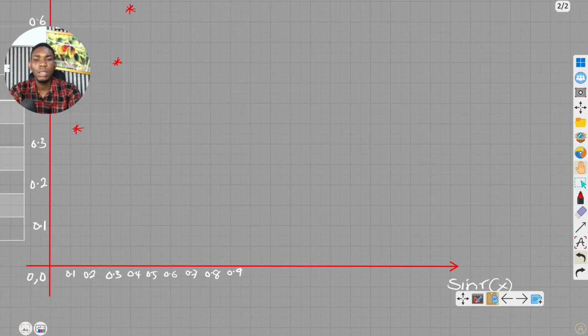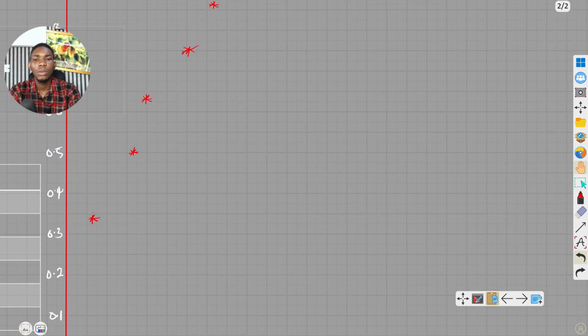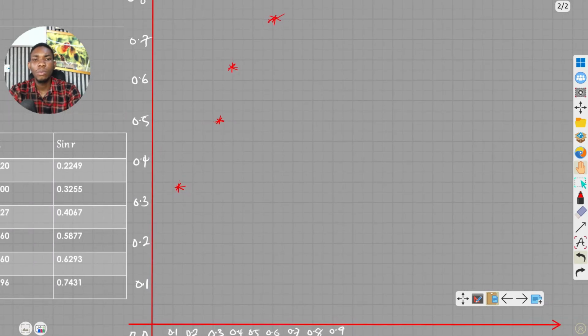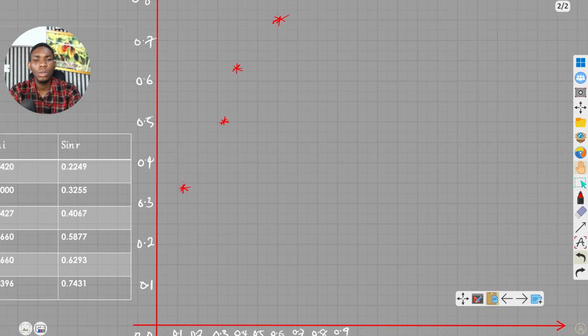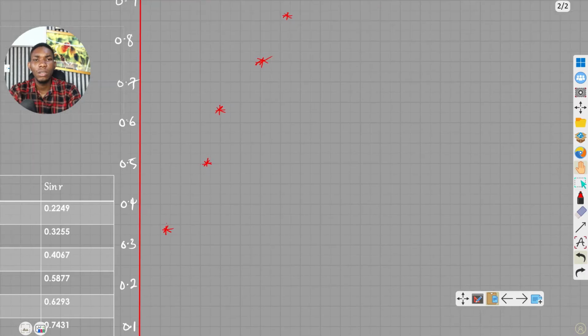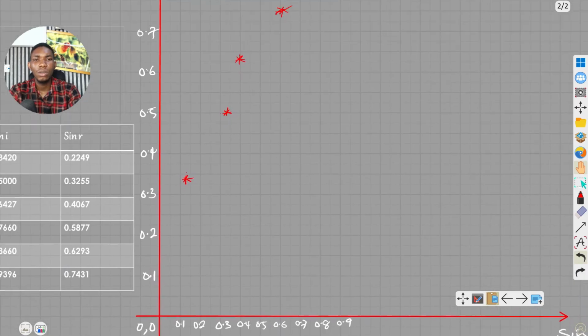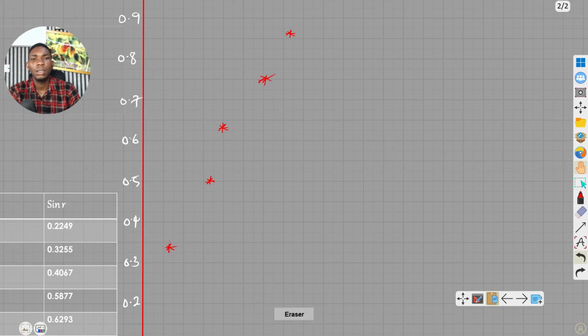I think this line here, wait, it's 0.62. I put that one at 0.6. So 0.62 will be somewhere around here. Sorry about that. You know, this is 0.6, so 0.62 will be somewhere around here.